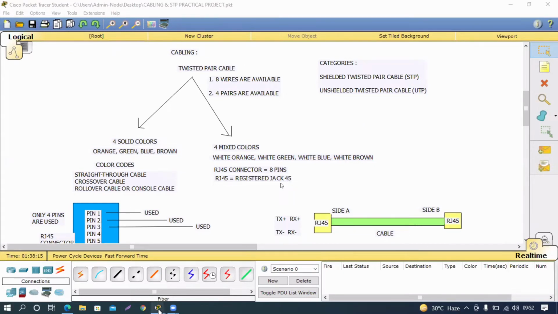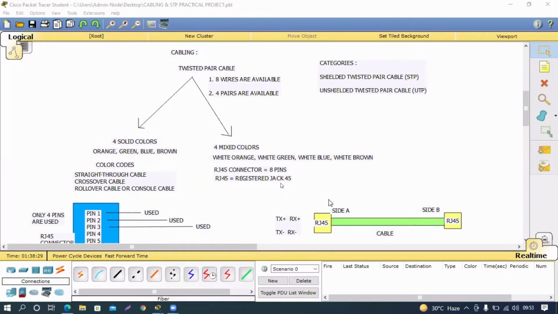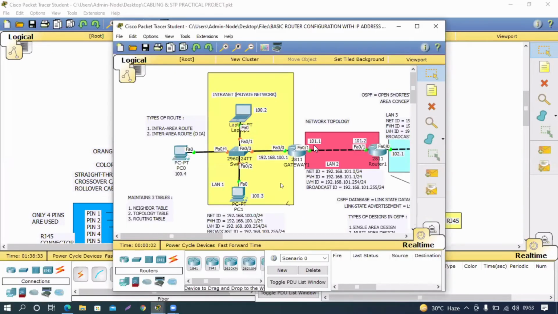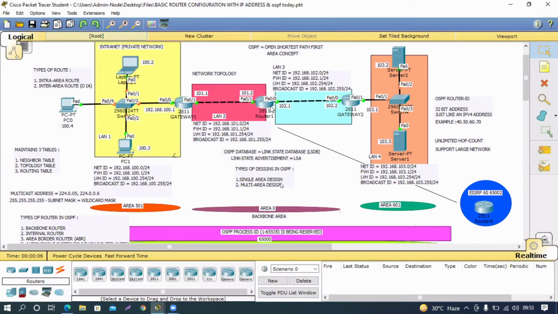Yes or no? If I talk about this one, this is the topology, right? No, sir, the configurations like RIP and these types. Yes, sir, this is the topology we have used in the entire routing section.